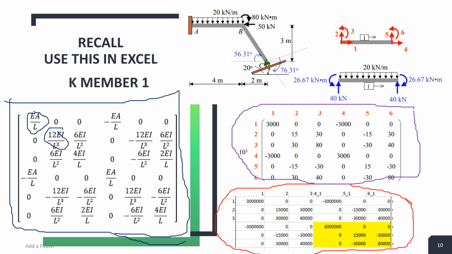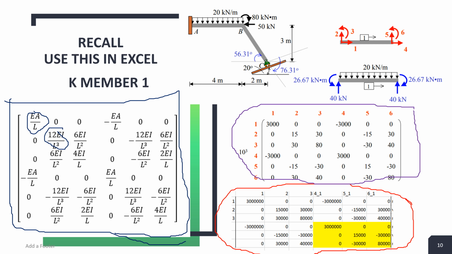Nonetheless I think it is a good example because the way they demonstrate it is good and easy to follow. So this is the Excel solution, and this is the solution from the example.